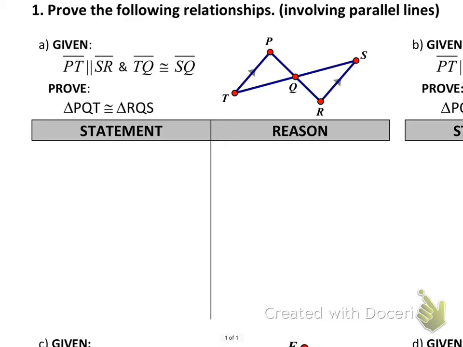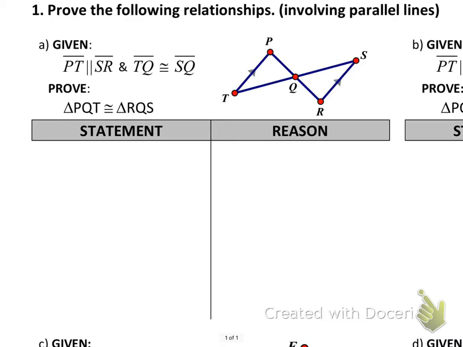All those parallel line relationships, all the transversal ones, those are things we need to be on the lookout for. If you look back at all the proofs you've done so far, it's really only been vertical angles if we're looking for angle relationships. But now we're going to have to look for some other ones. So that's kind of where this complication comes in. But if you know your alternate interior angles and corresponding angles and stuff like that, then you're okay.